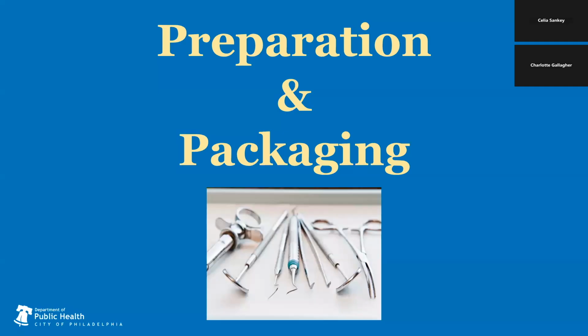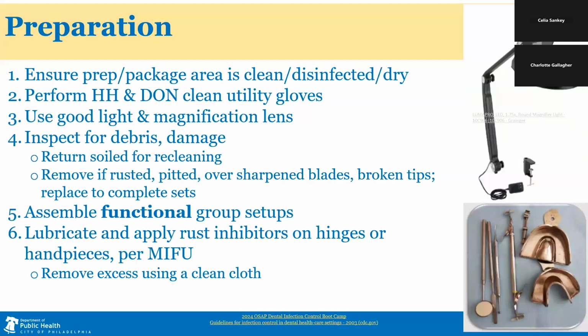Now more on the tasks of the second station of a well-organized reprocessing flow, the preparation and packaging area. Start preparing items in this clean, dry area after you perform hand hygiene and don clean PPE. Using good light and magnification, check to see if there are any cracks that may harbor bacteria.